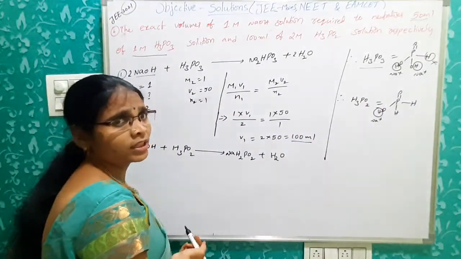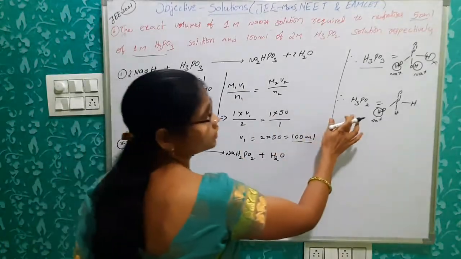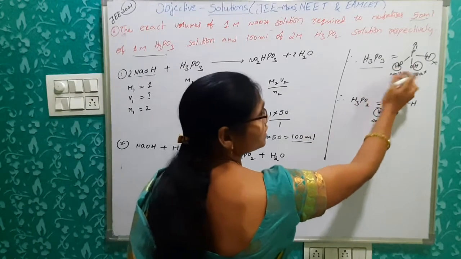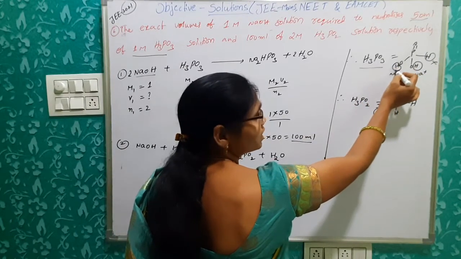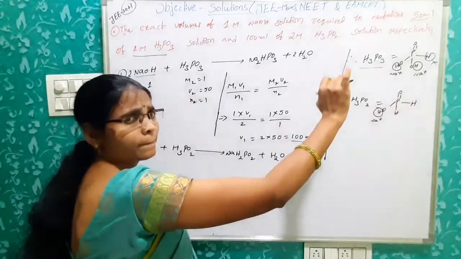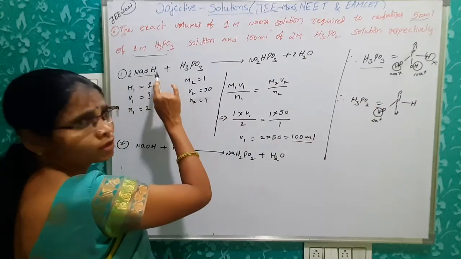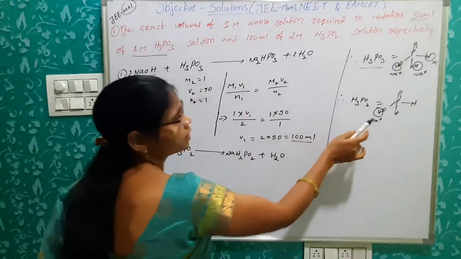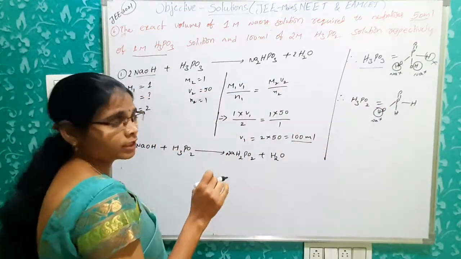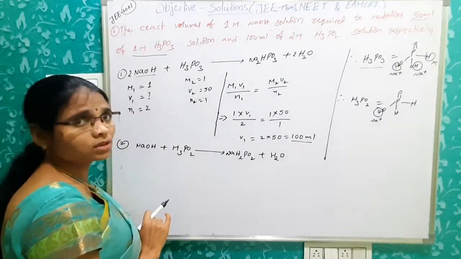That is basicity of that acid. It will be clear in normality. Now simply remember that OH means hydrogens are connected with oxygen, that hydrogens can be replaceable with metal ions. So that's why here we need 2 sodium ions. But here only one, so 1 sodium can be replaced, that's why we need only 1 mole of sodium hydroxide.